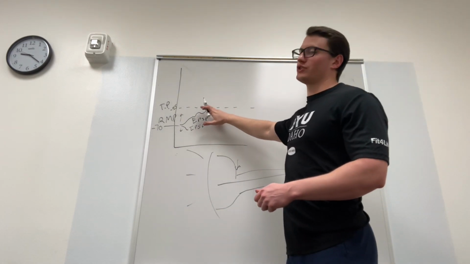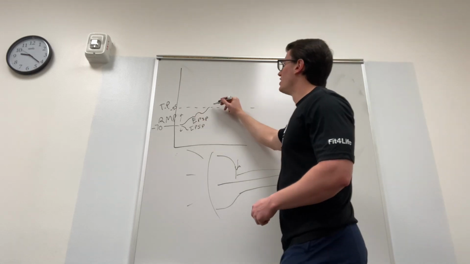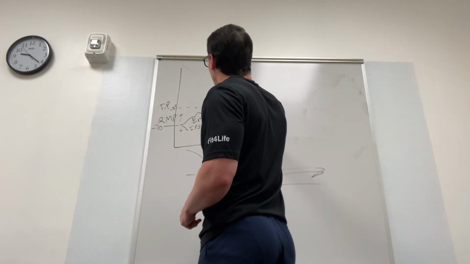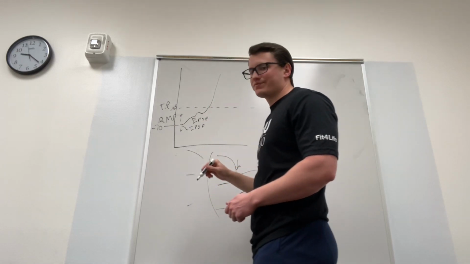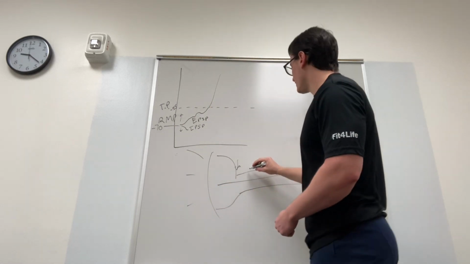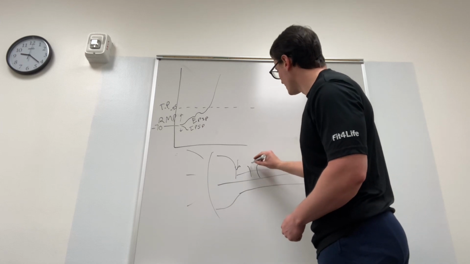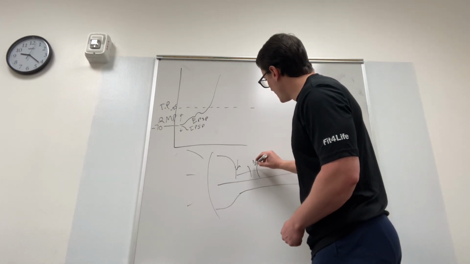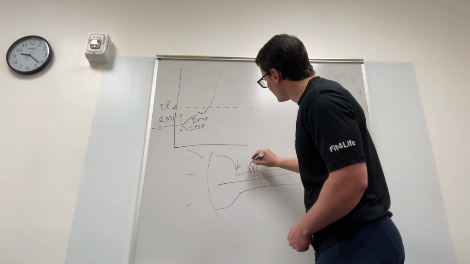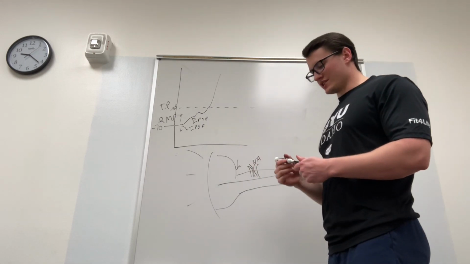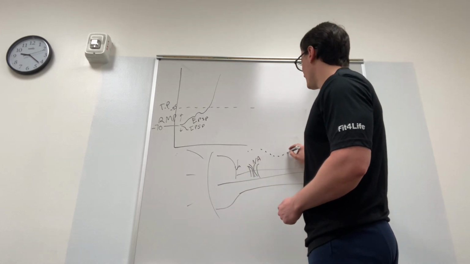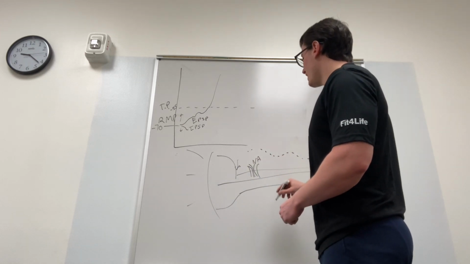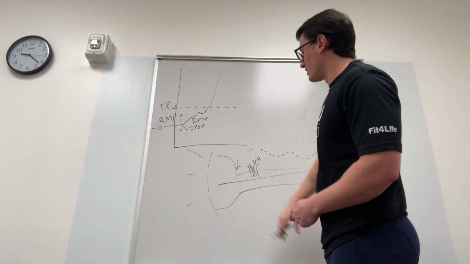But once we reach our threshold potential, our cell is going to open up sodium voltage gated channels. Now these sodium voltage gated channels are going to allow sodium to rush into the cell. Now sodium, obviously there's a lot more on the outside of the cell, and this is going to allow it to rush into the cell.